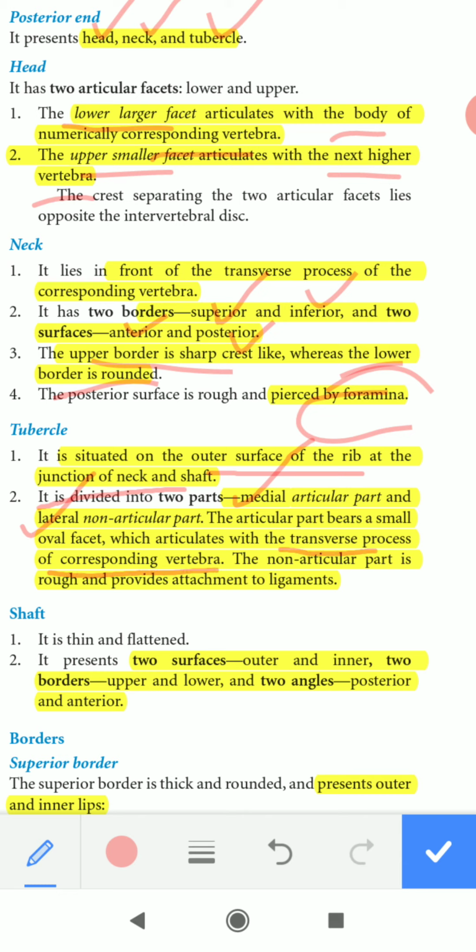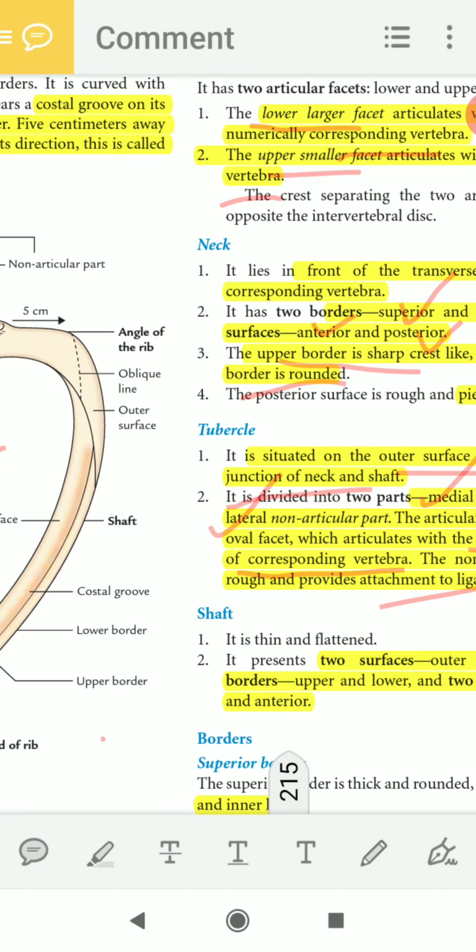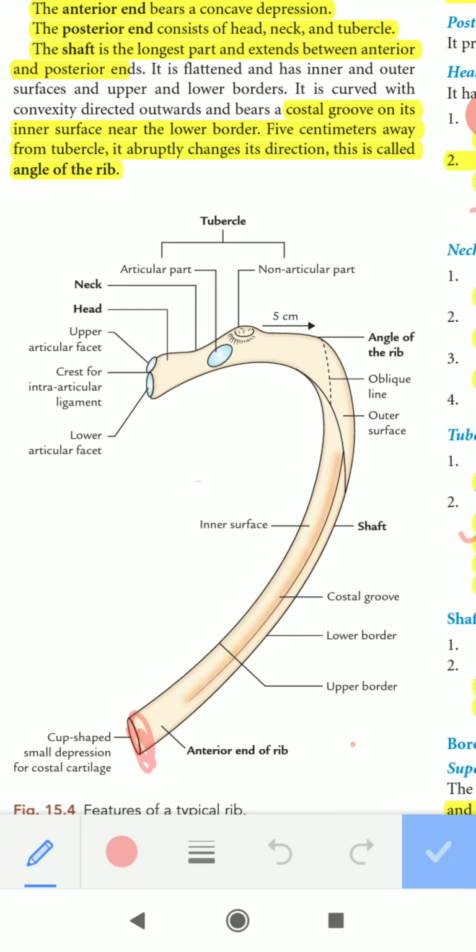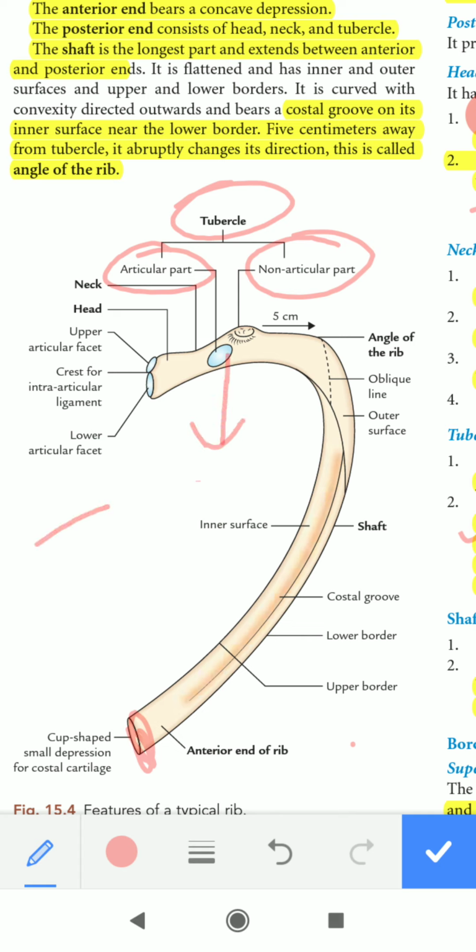But the non-articular part is rough and provides attachment to some ligaments. So this is the tubercle. The tubercle has two parts, articular part and non-articular part. In the articular part, it articulates with the transverse process of the corresponding vertebra, and in the non-articular part there is no articulation here, some ligament is attached.